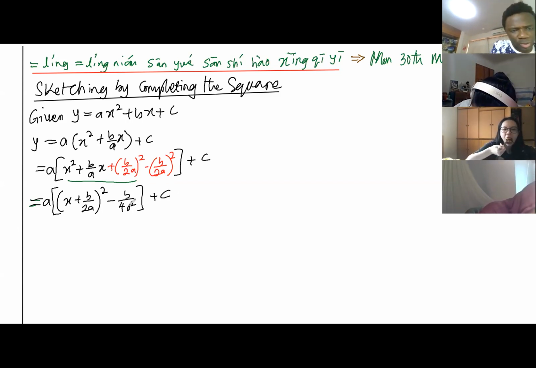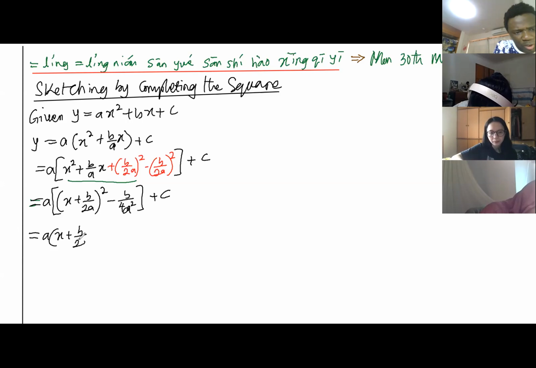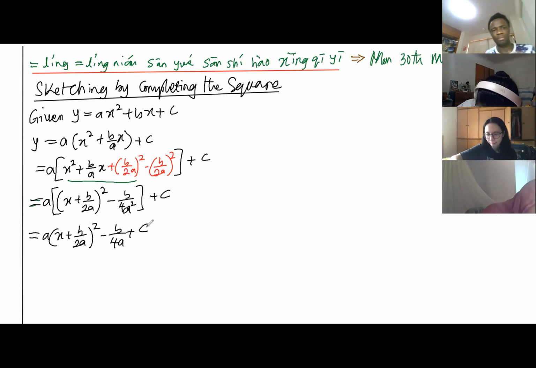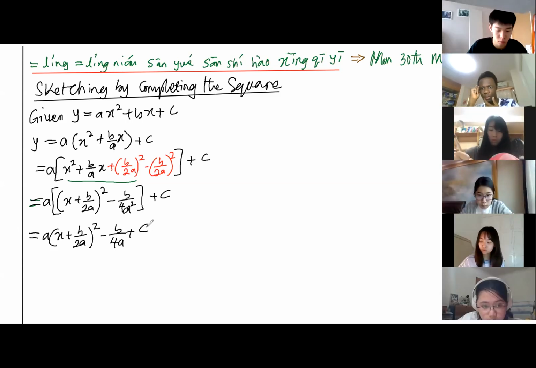So when the bracket is opened, this is a times x plus b over 2a whole squared, minus b divided by 4a, and plus c. Does everybody get this? Everybody understood? Leo?